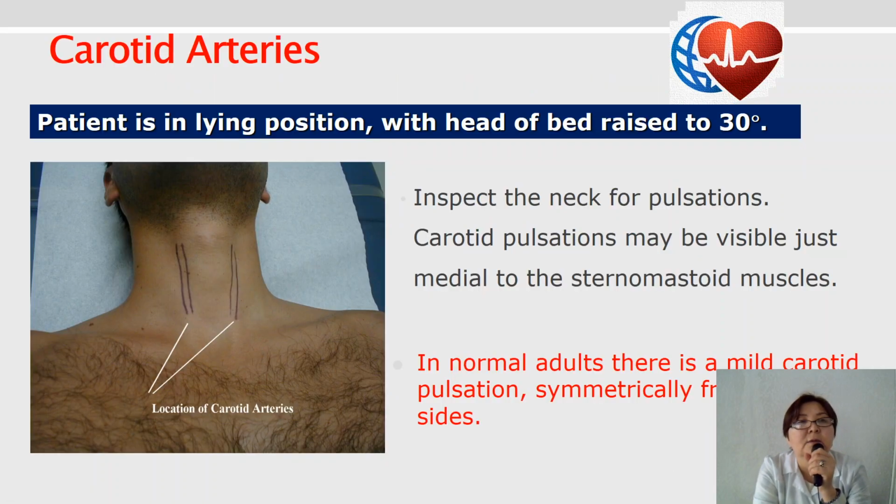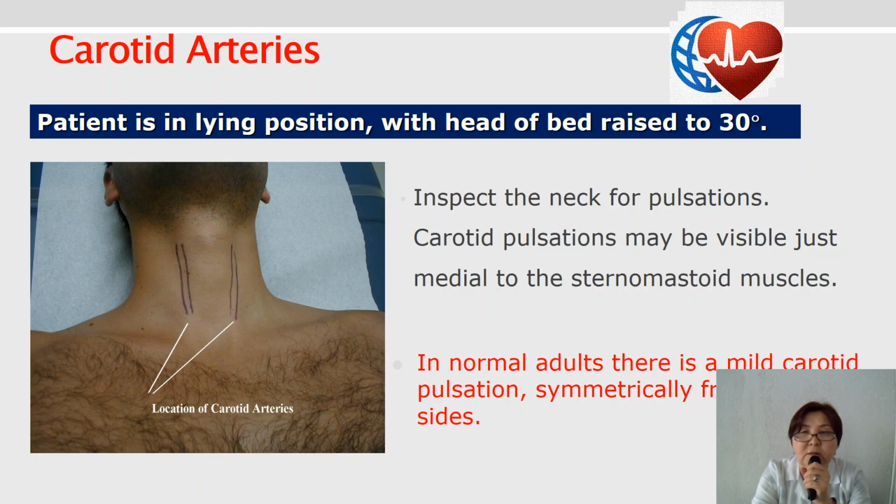After that, we should examine the carotid arteries. Patient should be in lying position with head of bed raised to 30 degrees. Inspect the neck for pulsations.